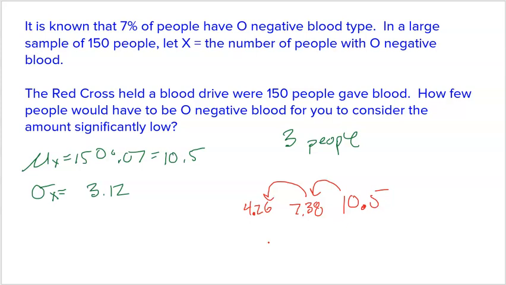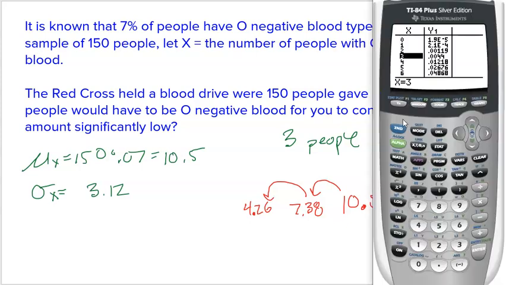So an answer of 4 is actually not a terrible answer either, because if you go to our calculator, the probability of 4 out of 150 people having type O negative blood is a little bit over 1%. It's 1.2%. That's where we start to think, well, that's kind of weird. And then 3 is what would really shock me.